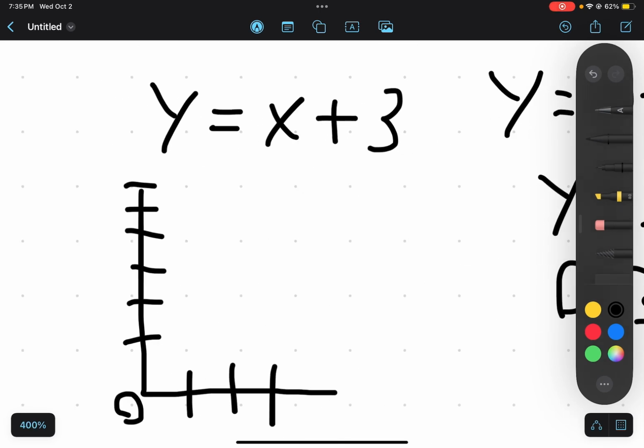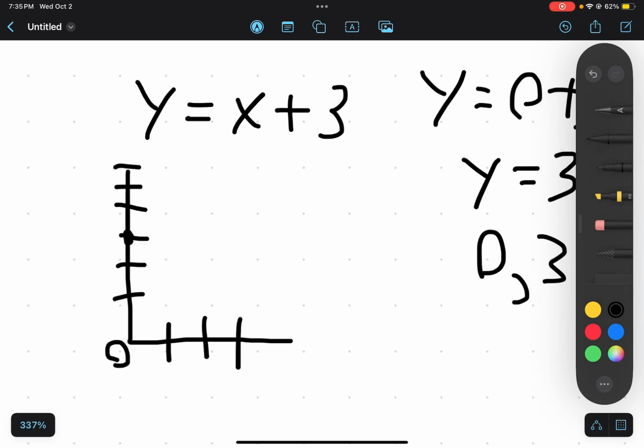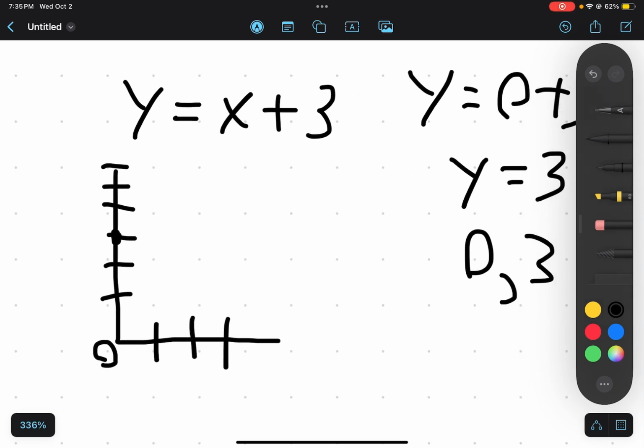So let's graph this on. 0, 3. And the same rule applies for all. Y equals, let's plug in 1. So y equals 1 plus 3 is equal to 4. Y equals 2 plus 3 would be 5. And y equals 3 plus 3 would be 6. Let's put this all together. And since there's no m value in the front of x, the slope would be 1.